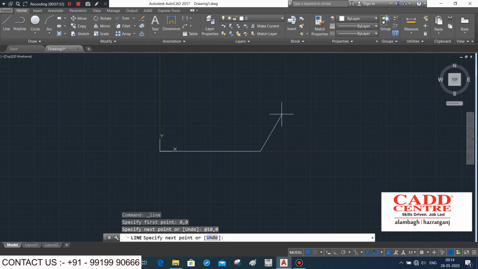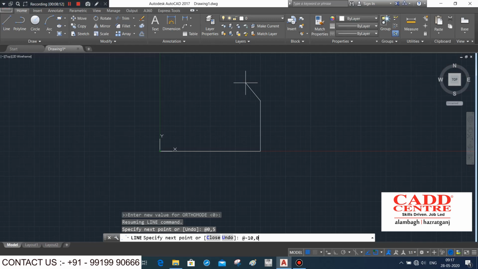Now we will specify the direction in y-axis and we will provide the coordinate as follows, that is @0, 5. We can see our line has been drawn in y-axis. Now we will specify D point of the rectangle and coordinates for that point is @-10, as we are moving towards negative direction, and for y-axis it will be 0.